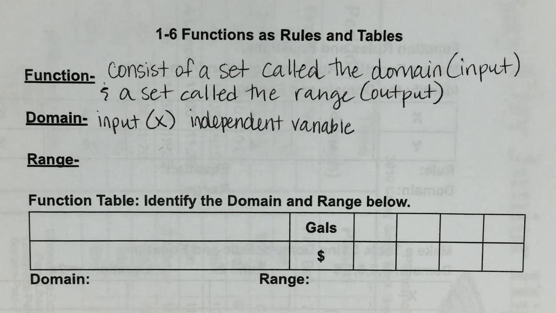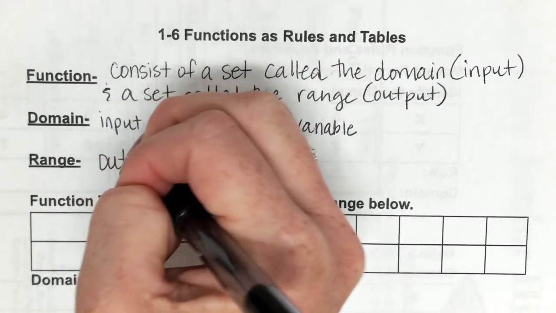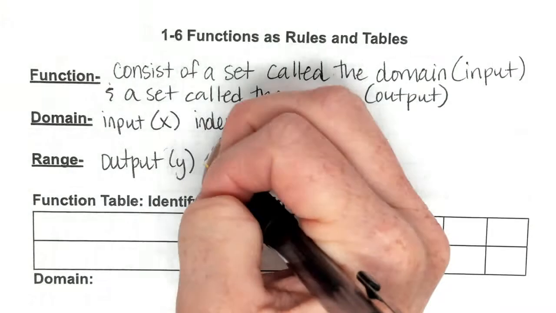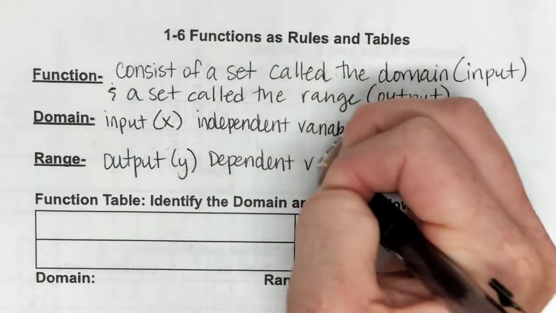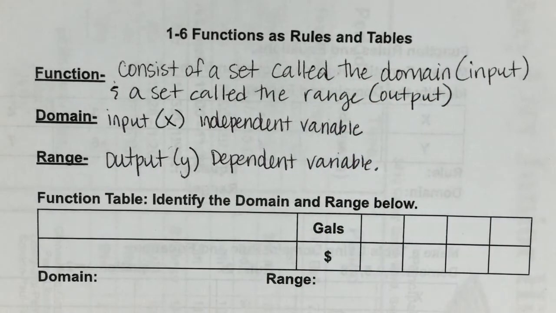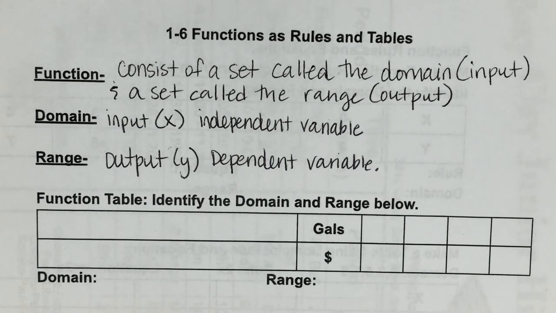We'll go over it again though. The range is your output, which is your y's, and it is the dependent variable. You'll hear about this in science as well, and you've probably been hearing about dependent and independent variables probably since maybe 6th grade math.